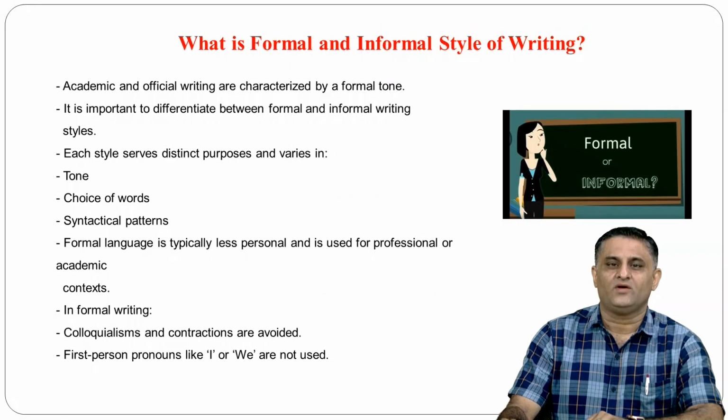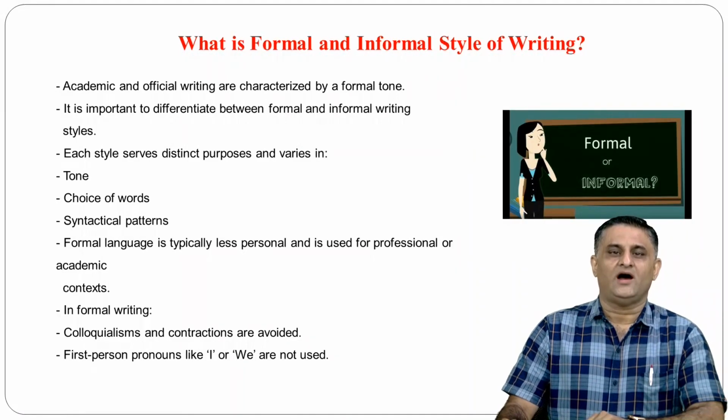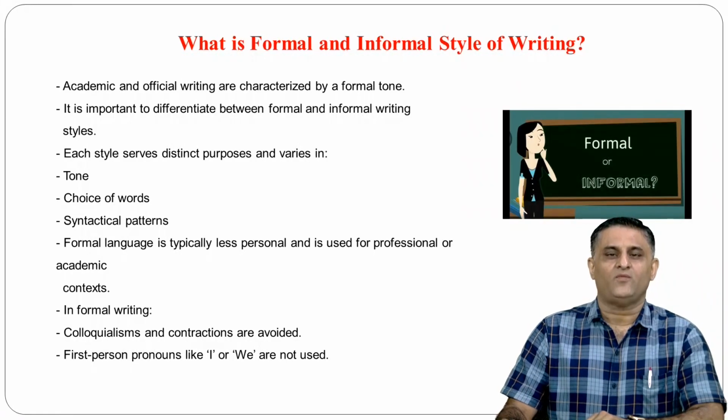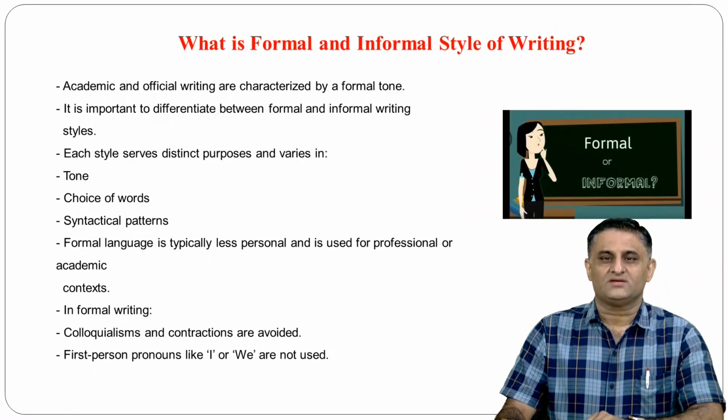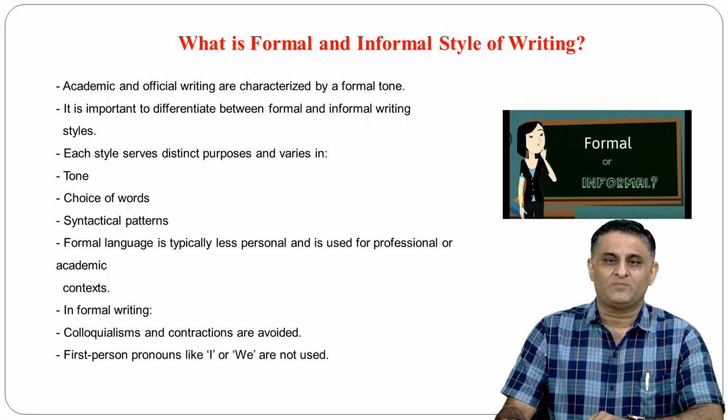Next is all about what is formal and informal style of writing. Academic and official writing are both characterized by a formal tone, which is essential for conveying professionalism and credibility. It is important to differentiate between formal and informal writing styles, as each serves distinct purposes and operates within different contexts.